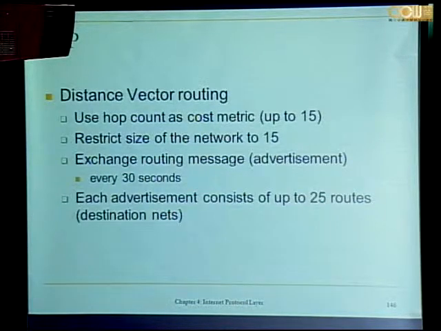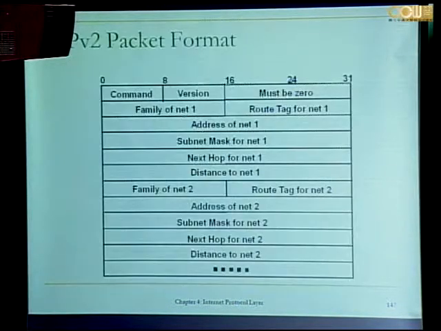That's the length of the distance vector. If you have more than 25, you need to split into two advertisements, two distance vectors. So the length of a vector will be 25 at most.